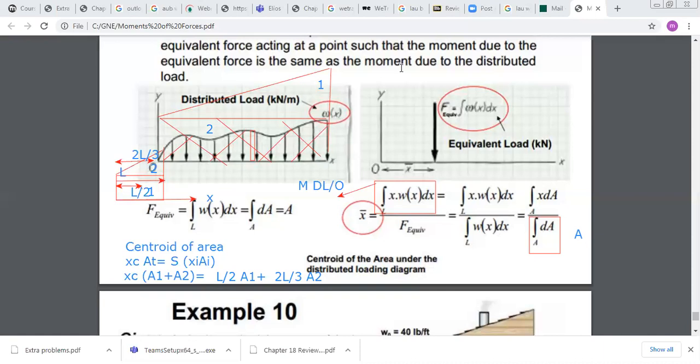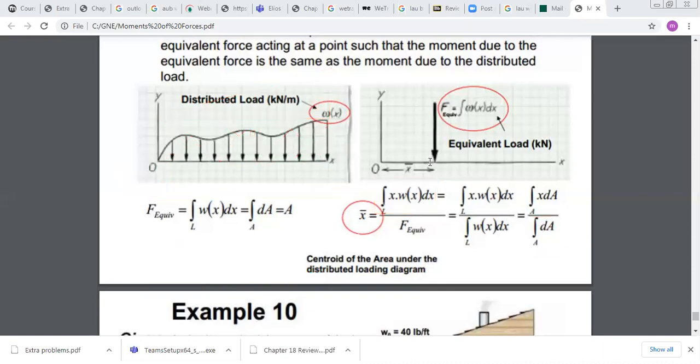So here, when you do the integral of x dA over the integral of dA, you will find the position of the centroid of this area. So you get a certain value of x. This is x of the centroid. You calculate it by the integral of x dA over the area.